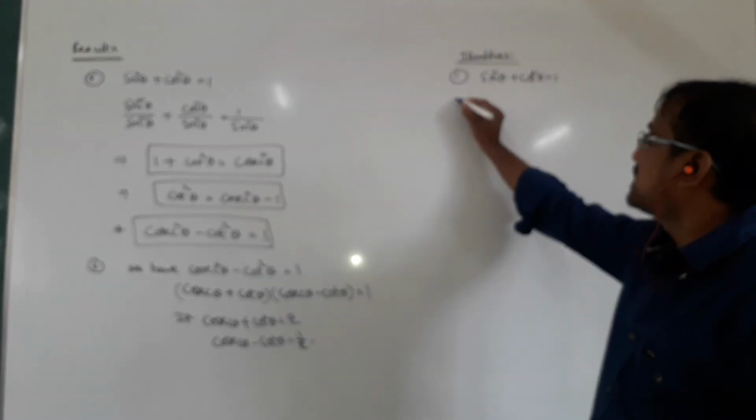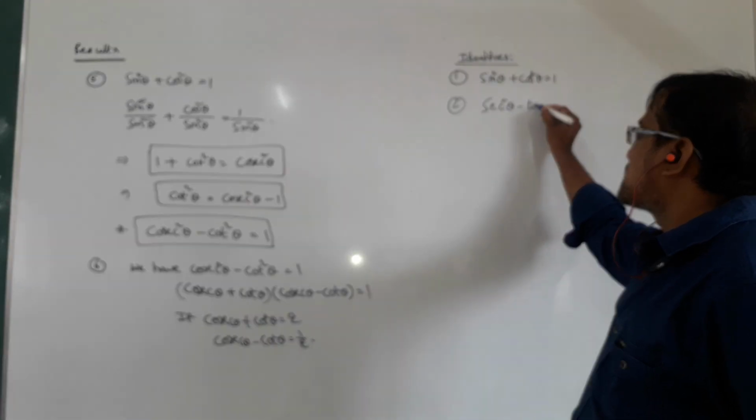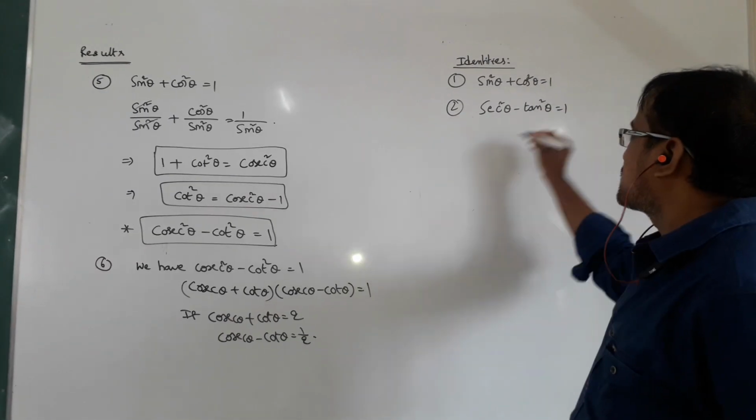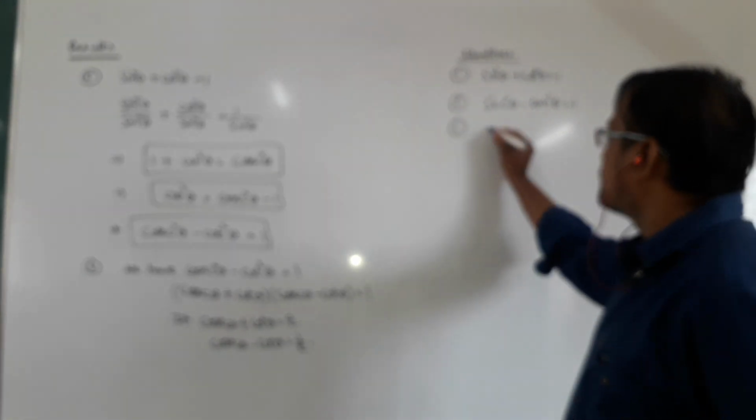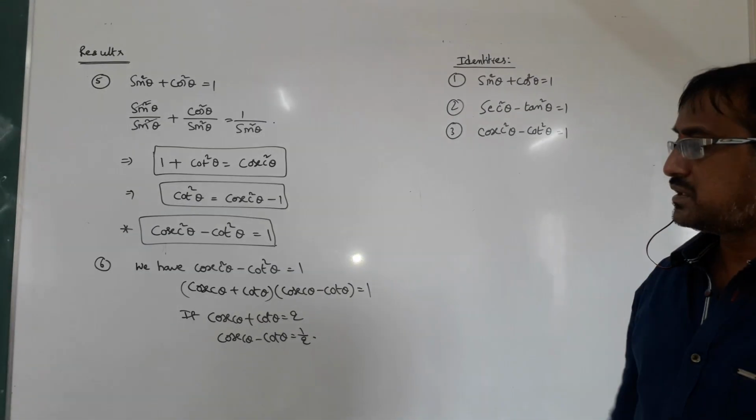The second one is secant square theta minus tan square theta is equal to 1. And the third one is cosecant square theta minus cot square theta is equal to 1. These are called identities.